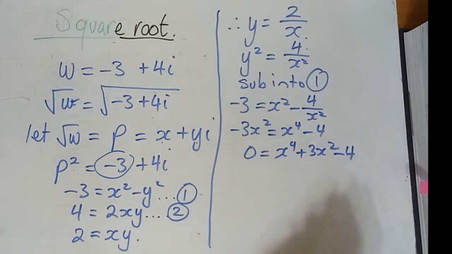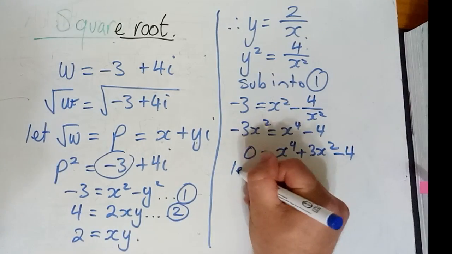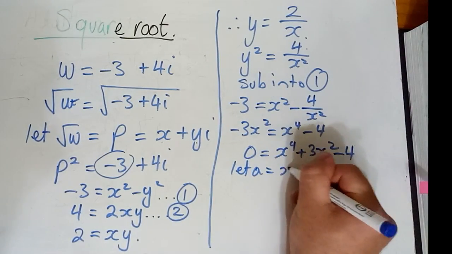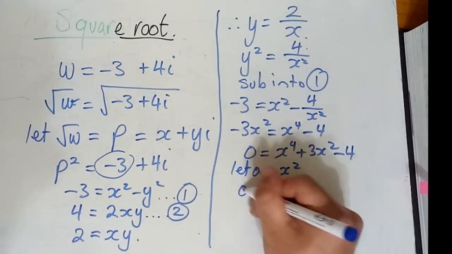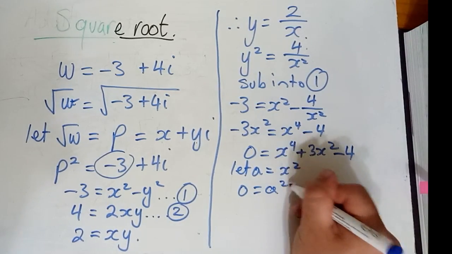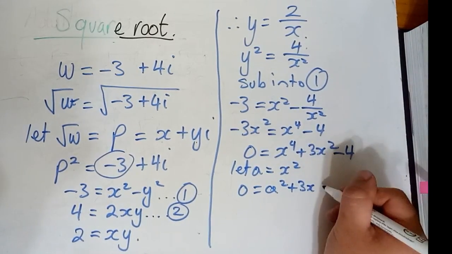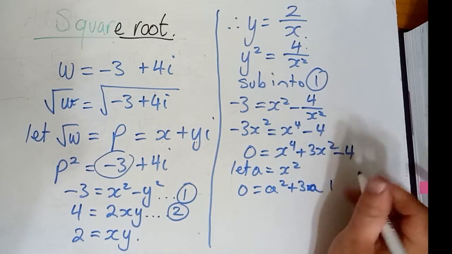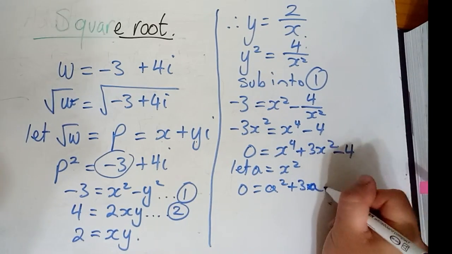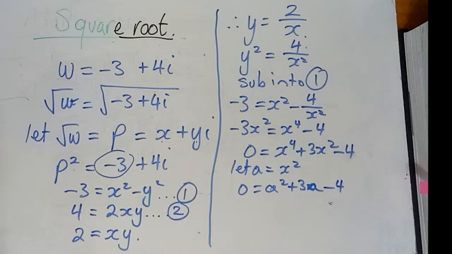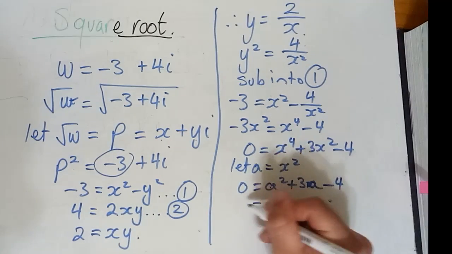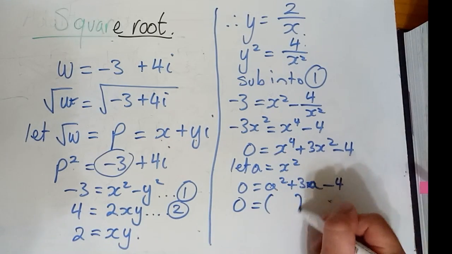Okay, so now we've got like a quadratic situation, yeah? Let a equal x squared. So now we've got 0 equal a squared plus 3a, sorry, minus 4. Okay, so what have we got here? We can factorize this into 2 brackets.